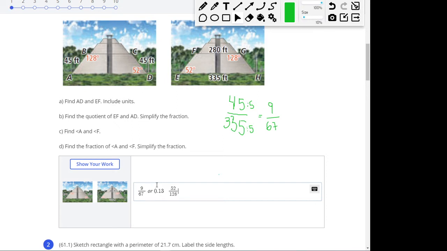We can simplify this fraction by dividing by 2. 52 divided by 2 is 26. 128 divided by 2 is 64.